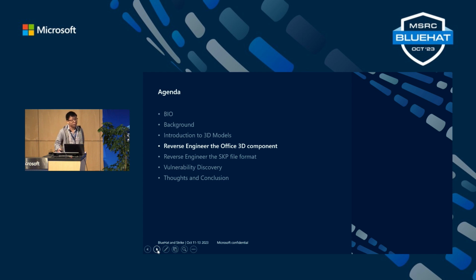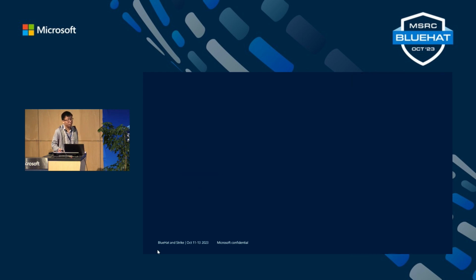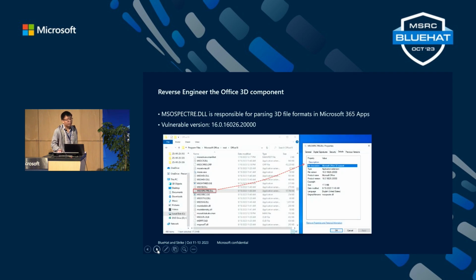Okay, let's talk about how to reverse engineer the Office 3D component. The dynamic library MSOSPECTRE is the Office 3D component, which is responsible for 3D file formats in Microsoft 365 apps. My SketchUp vulnerability research was conducted on the version released in January this year.